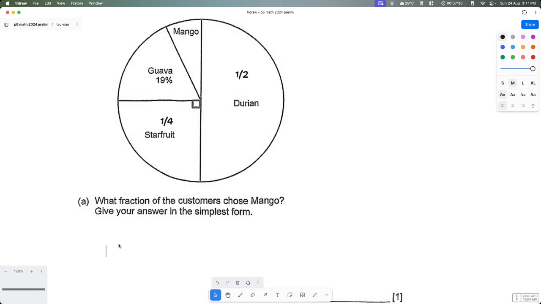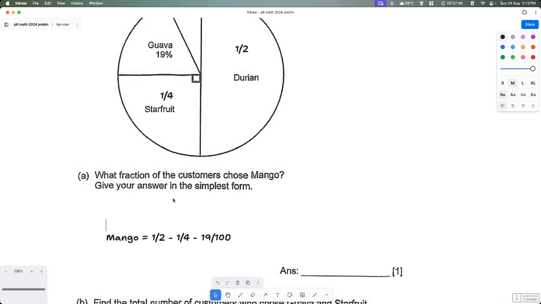Okay, so basically mango is equal to half minus one quarter minus 19 out of 100. That's roughly about it lah. Okay, so if you really want to get the answer to this, I would say just get everything lah, right? So durian, half, let's change to percentage, right?